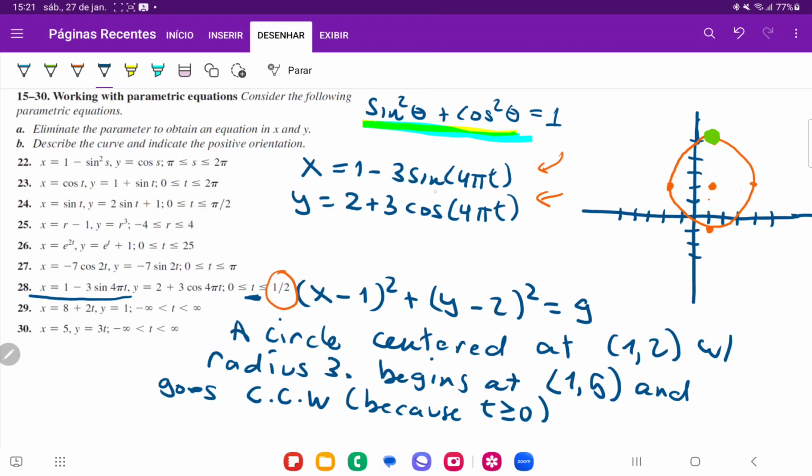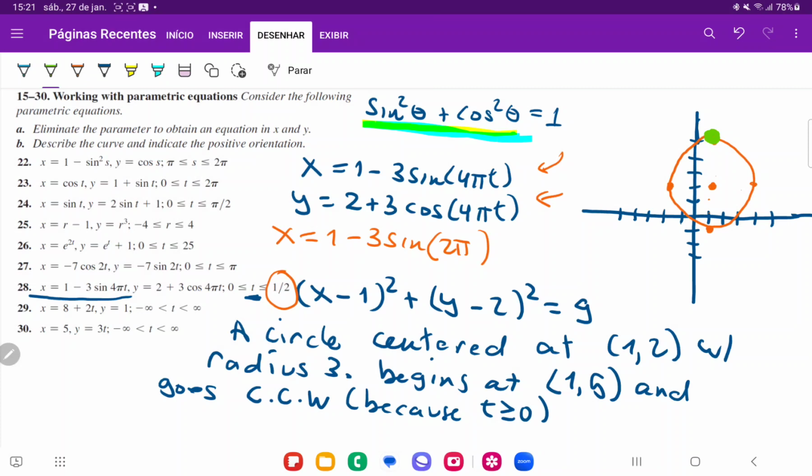Well, when we plug in t equal to 1/2, x is equal to 1 minus 3 times sine of 4 pi divided by 2, because t is 1/2, which is the same thing as just sine of 2 pi. So let me write this, sine of 2 pi. So we can see that at the upper boundary of t, x is going to be evaluated at 2 pi. So 2 pi counts for a full revolution.